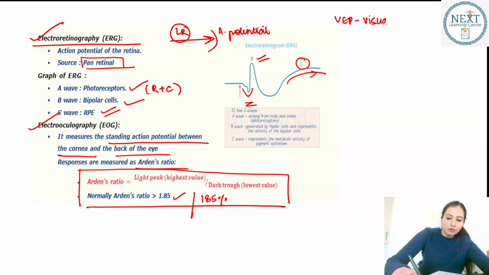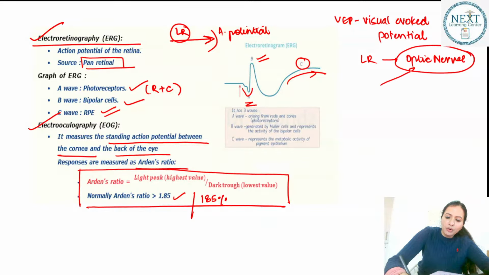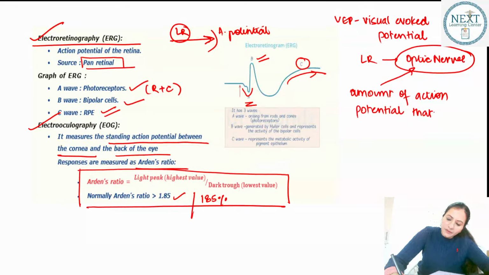VEP is visual evoked potential. Whenever light rays fall onto the optic nerve, the amount of action potential generated in the optic nerve is what you call VEP.